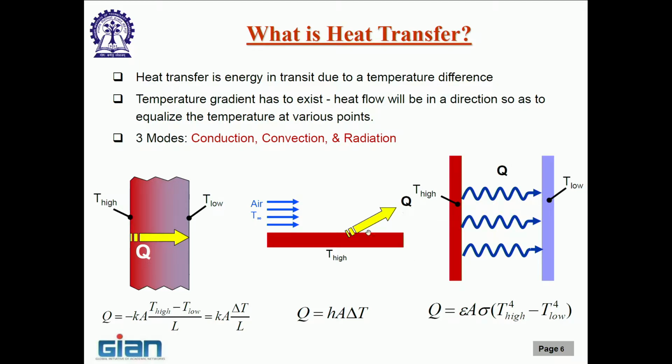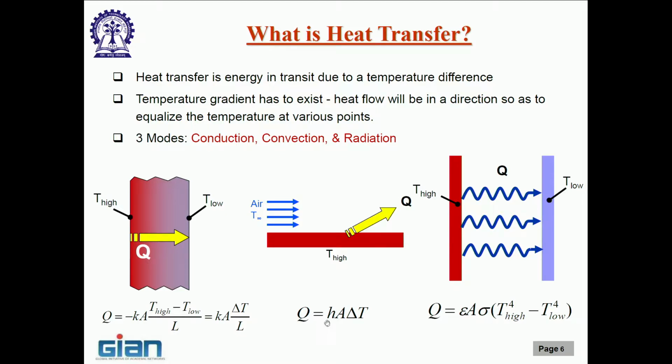Now, how much is the heat that is going to be lost? Of course, the heat that is going to be lost is given by this expression H A delta T, where A is the area that is available for heat transfer. So, if it is a large surface area from which the heat is getting lost.